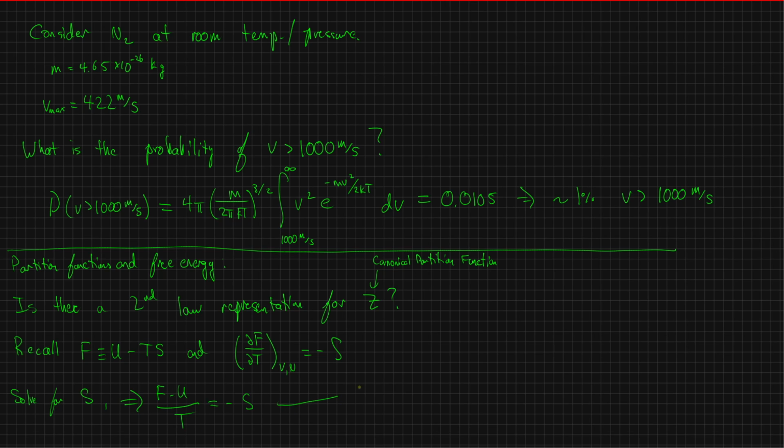So put them together, and what do you get? You get that del F, del T, with V and N held constant, is equal to F minus U all over T. Okay, hopefully you've got that down. I'm going to flip the page.